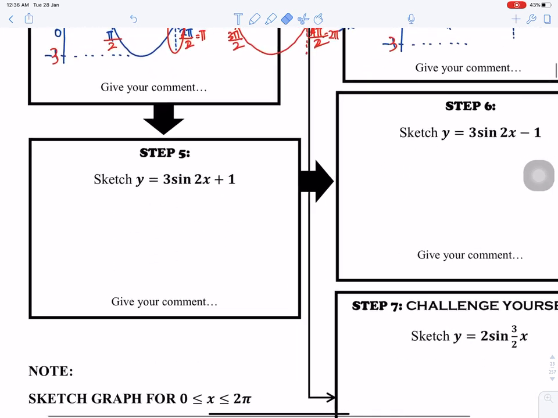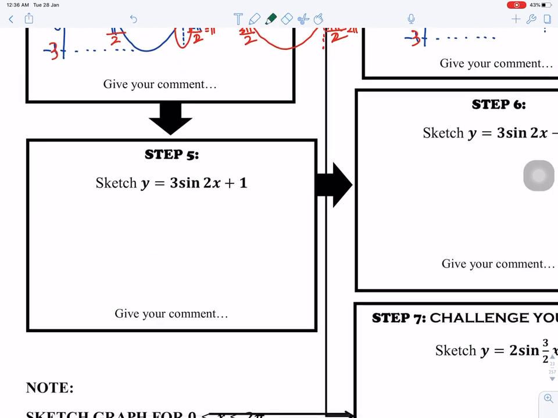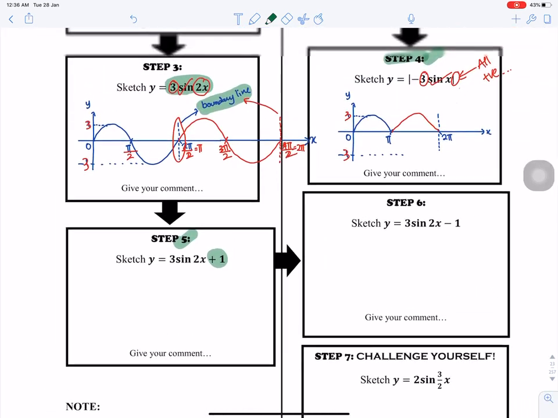And step 5, the difference is now the y-intercept is +1.